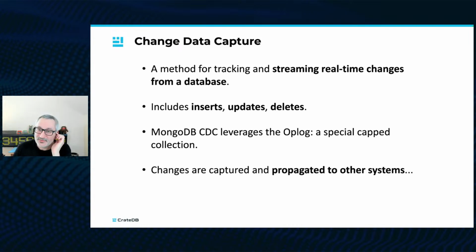Then once you've set this up, changes in the source database are captured and they're propagated to other systems. So CrateDB Cloud will be one of those. You might have other things listening to this special capped collection, and they would also get that data for other purposes, whatever they're going to do with it. So obviously those things can include CrateDB Cloud now. So this is what we'll be demonstrating.